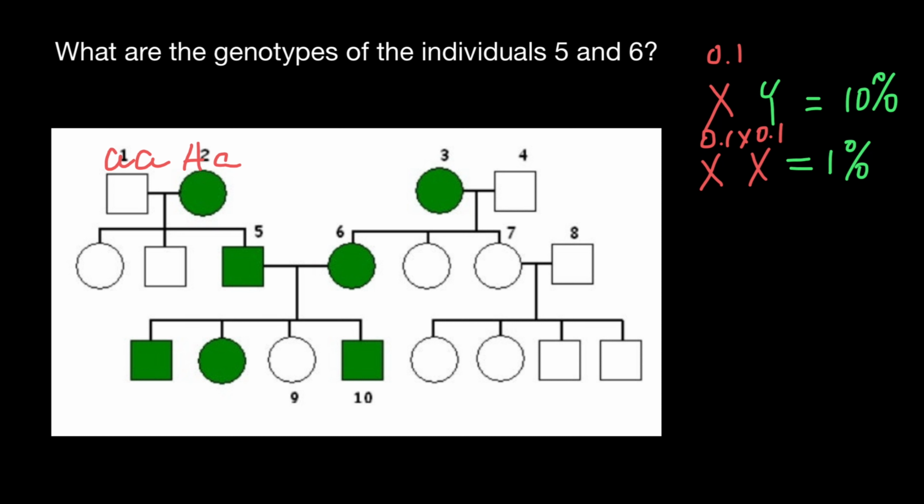So we know that the genotype of this person has to be heterozygous. As for the other people on this pedigree, this person has to be heterozygous, this one homozygous recessive, and the two daughters are going to be homozygous recessive, and one daughter inherited the dominant allele from the mother side and the recessive allele from the father side.